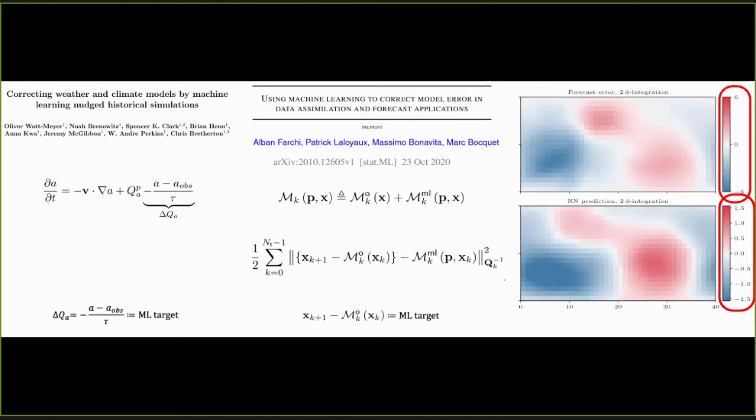They do it on the quasi-geostrophic model, which is much simpler than the model we've seen today, and where you don't have to deal with questions of Python wrappers for Fortran code and these kinds of things. But for this very simple model, they also show that including the neural network corrective term can decrease the error by quite a bit if you look at the color bars here.